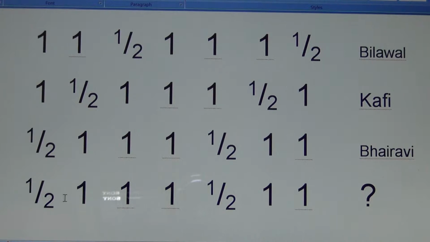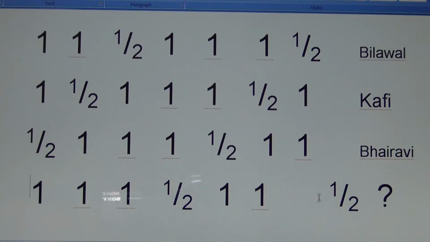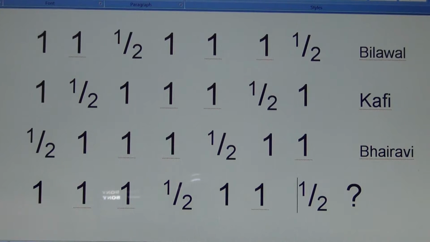Now I've taken that, I've duplicated that line below, and now we have this. So the question is, if we took the half there and removed it and put it at the end, this is what we will end up with.